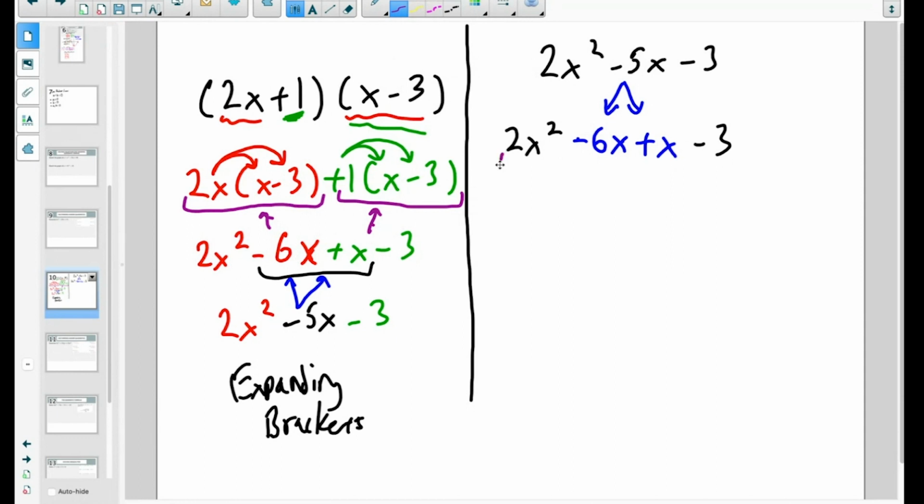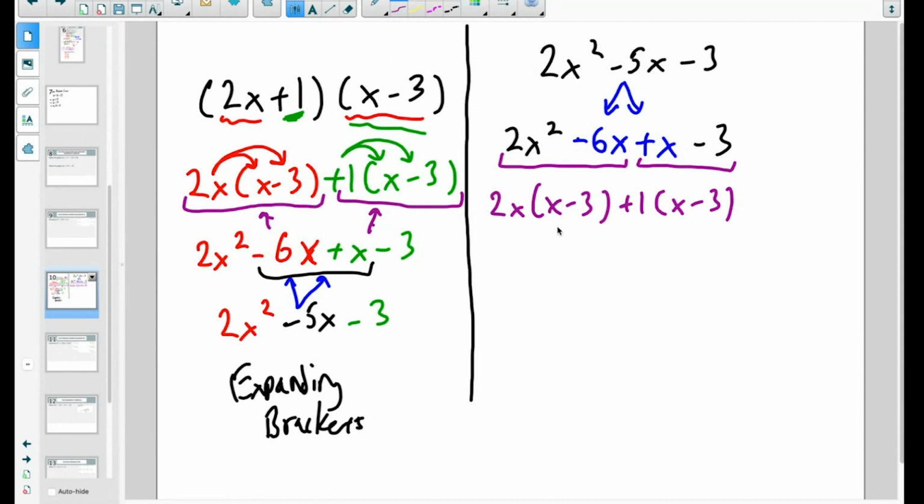What we're doing is pairing these up. I'm going 1, 2, and I'm pulling out the greatest common factor, the GCF, from each pair. Our GCF here is going to be 2x, and I'll have x minus 3 here. And from these two, because there's no common factor other than 1, I'm just going to put a plus 1, and I end up with an x minus 3.